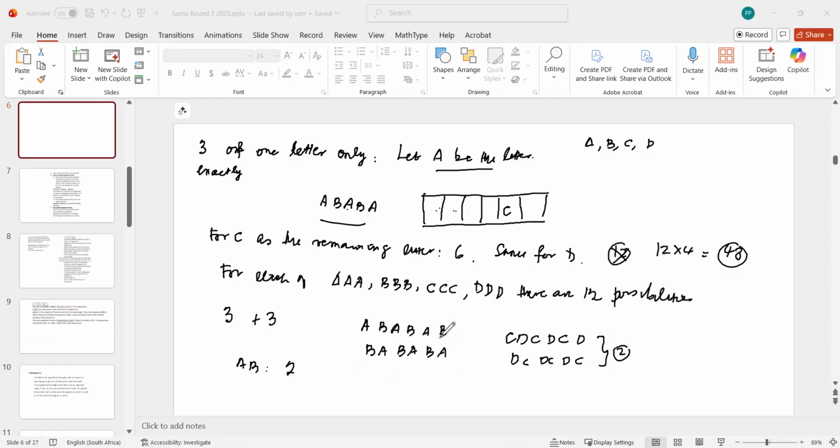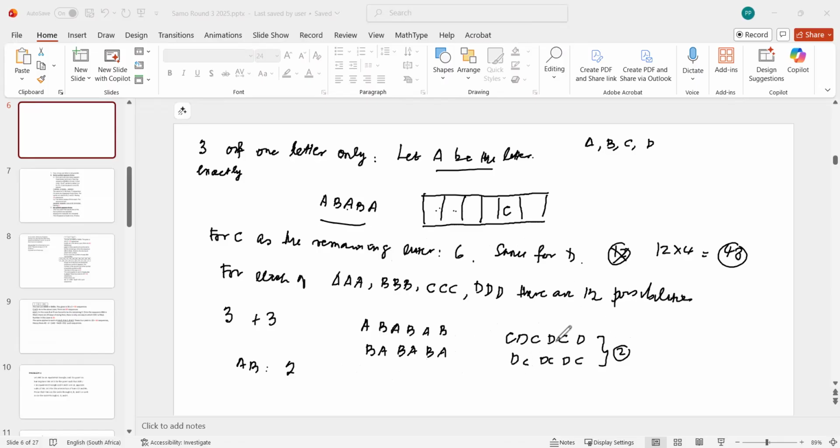Now these were not counted in the earlier ones. And this is the only situation where you could have three of one and three of the other. The one will have to be A or B, and the other one will have to be C or D. So those are the only ones where you got 3 plus 3.